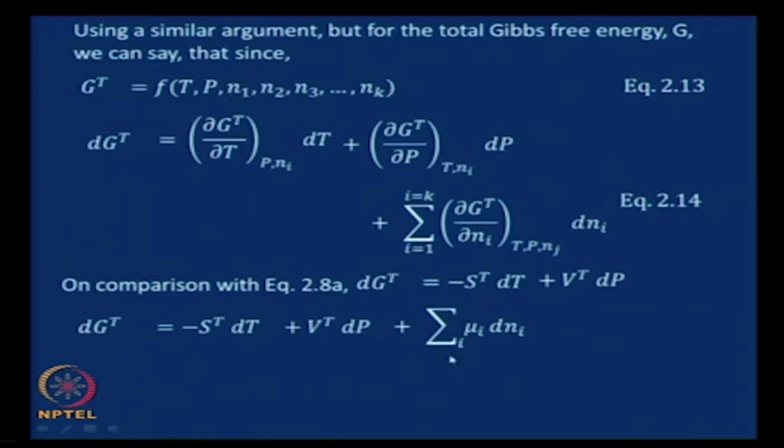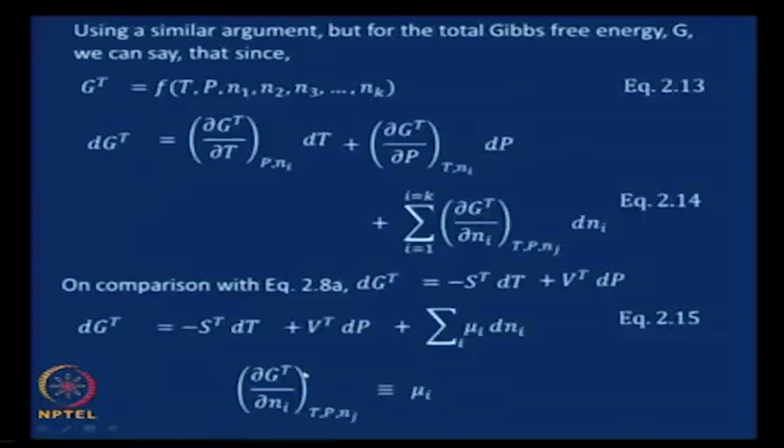So, we have this extra term here, summation of μ_i dn_i. We will call this equation 2.15. Let us define ∂G_t/∂N_i at constant temperature, pressure and N_j, which is this quantity, as μ_i itself. That is what I have done here when I wrote this equation.